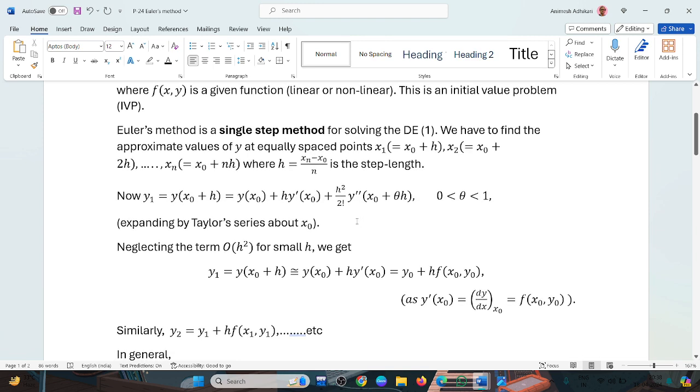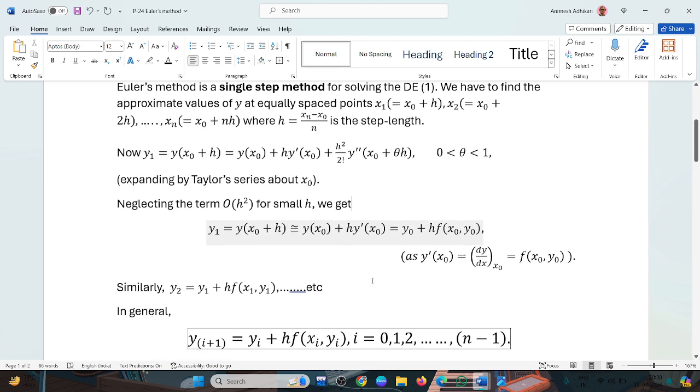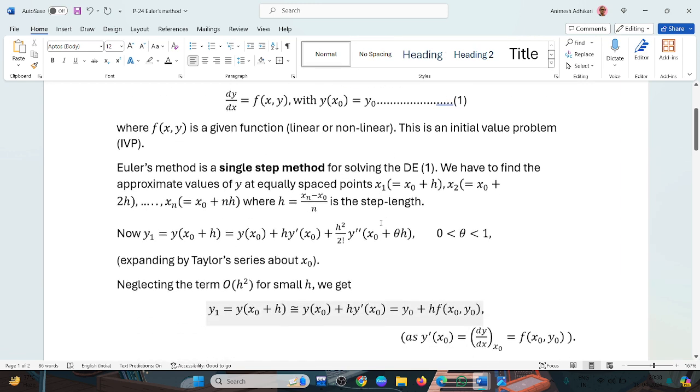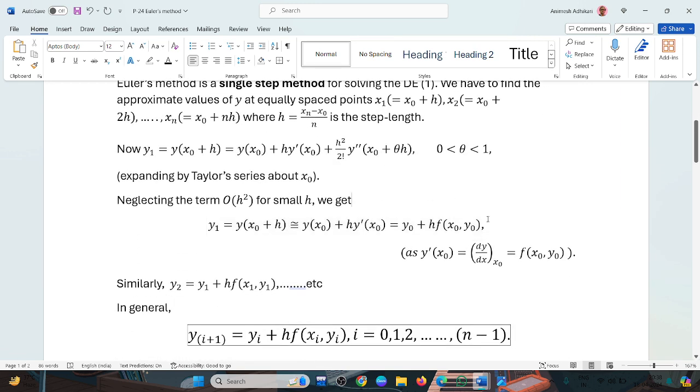Neglecting the order of h² due to very small positive quantity h, we get y1 approximately equal to y(x0) + h y'(x0), that is y0 plus h into f(x0, y0), because y' means dy/dx at the point x0, so dy/dx means f(x,y). So this is equal to y0 + h f(x0, y0).